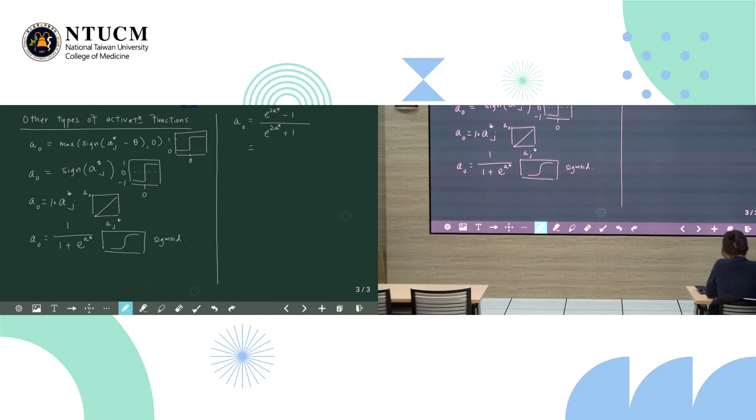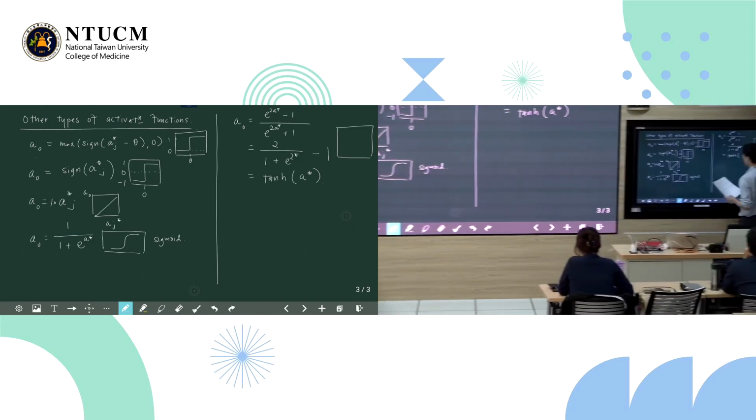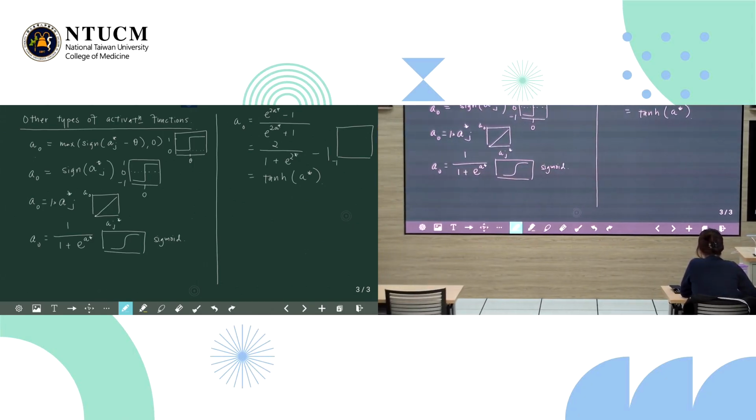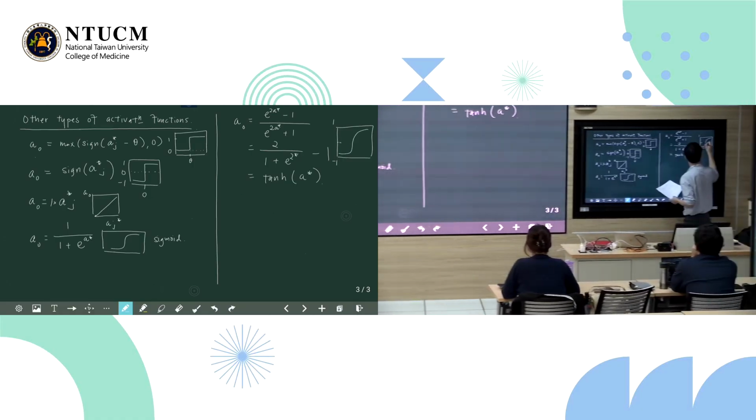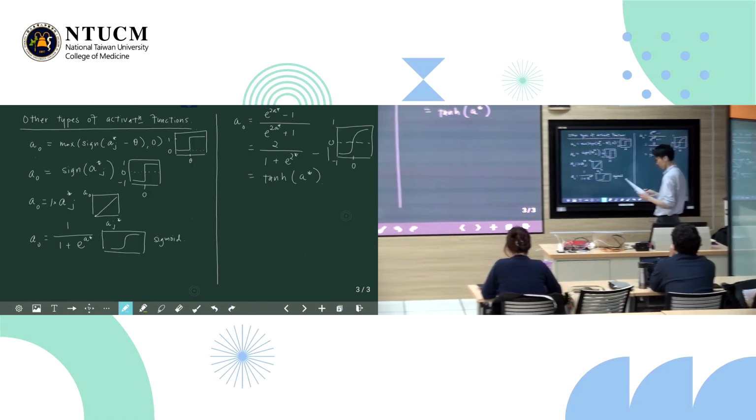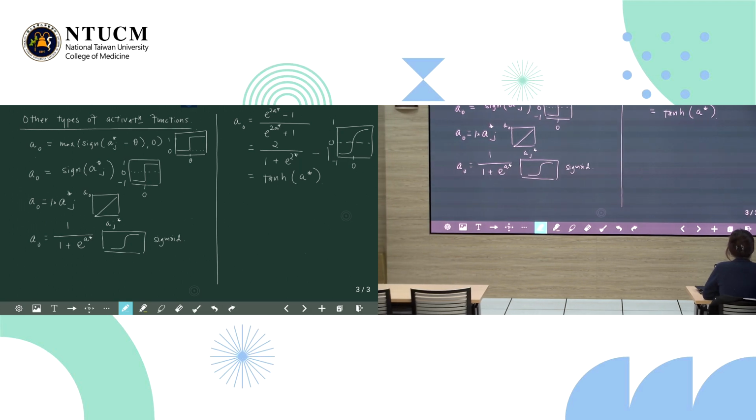Which is equal to, if you work it out, actually the tanh. Okay, what does this look like? It looks very complicated. But what it is, is the sigmoid, but just shifted.